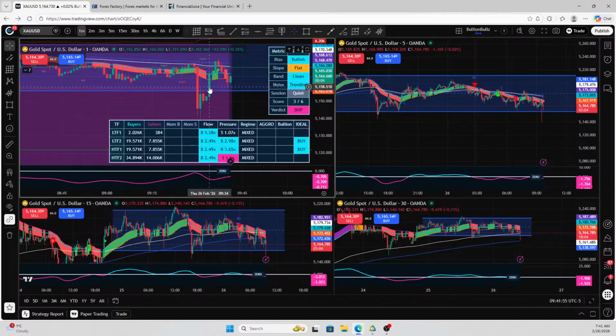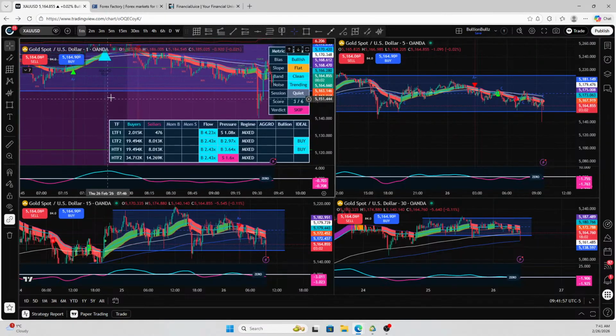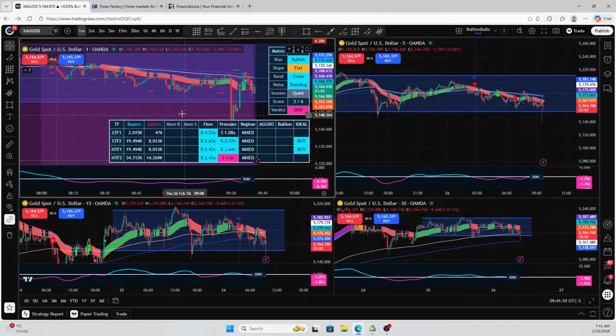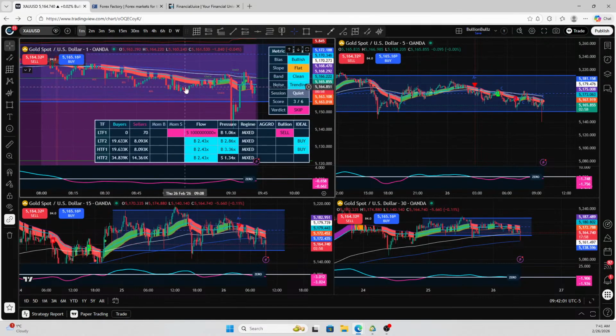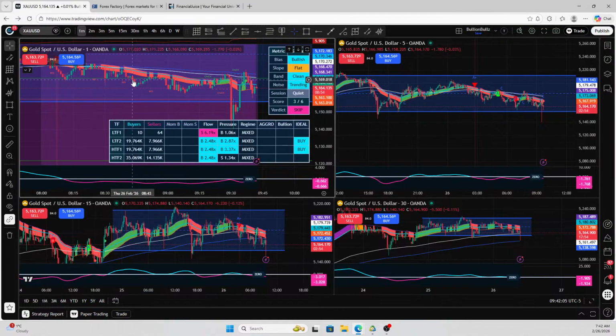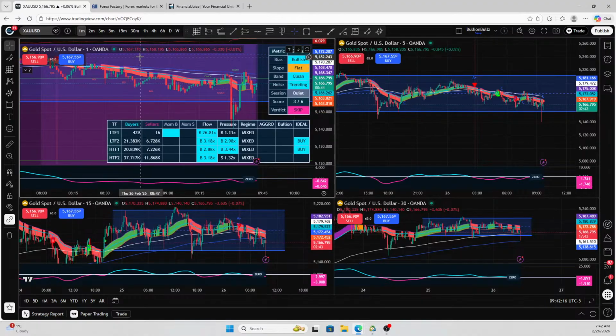Similarly, if the price moves below the band and the band is red, it means the price is bearish and market structure is bearish.